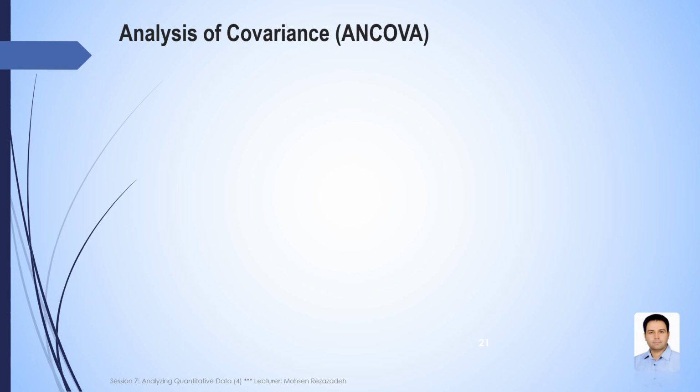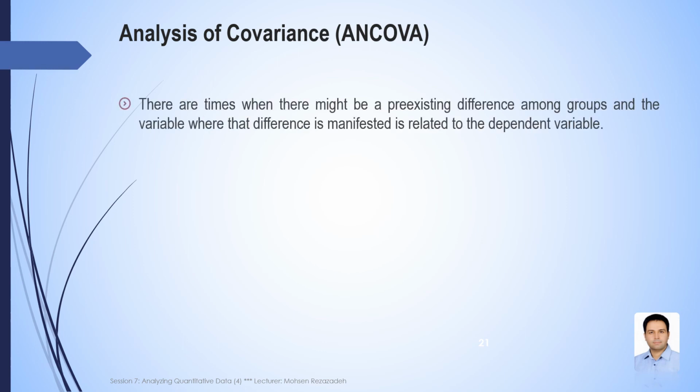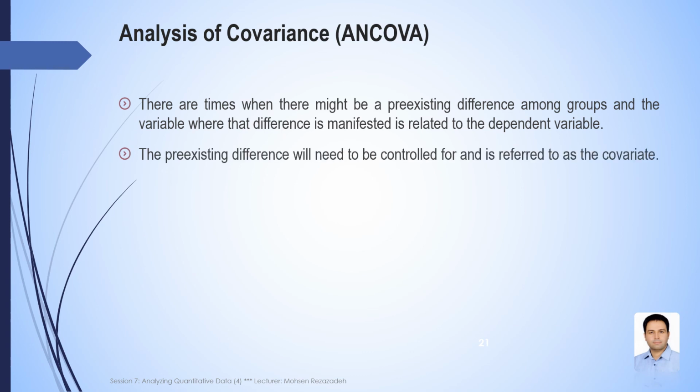Analysis of covariance, or ANCOVA. There are times when there might be a pre-existing difference among groups, and the variable where that difference is manifested is related to the dependent variable. The pre-existing difference will need to be controlled for and is referred to as the covariate.